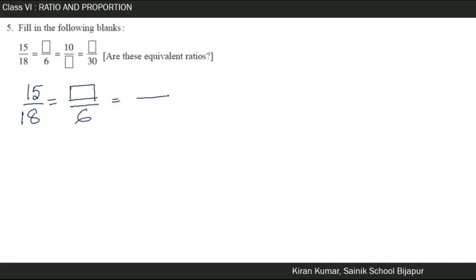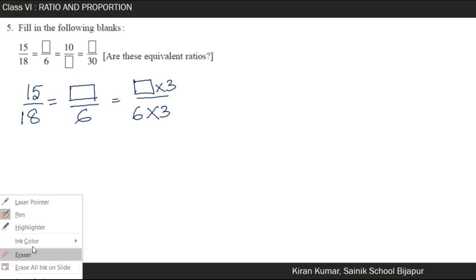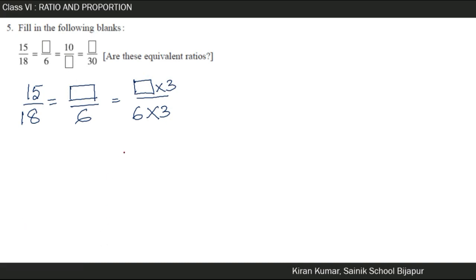We all know that when 6 is multiplied by 3, we would get 18. So this particular blank has to be multiplied by 3, then we should get 15. So that blank has to be filled with 5. So this number is 5 by 6.